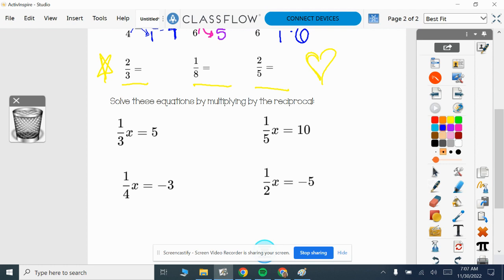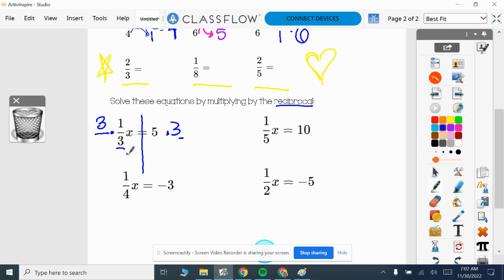Okay, so solve these equations by multiplying by the reciprocal. So we're going to draw our line down the middle like we always do. What's the reciprocal of 1/3? Well, I'm going to do 3 over 1. That's my reciprocal. And whatever I do to one side, I must do to the other. 3 over 1, I know, is the same as 3.